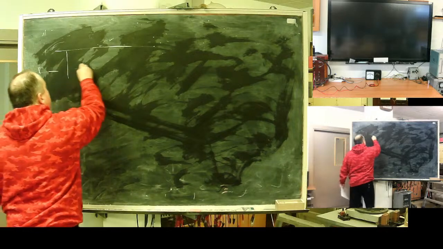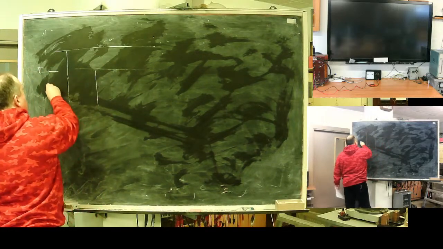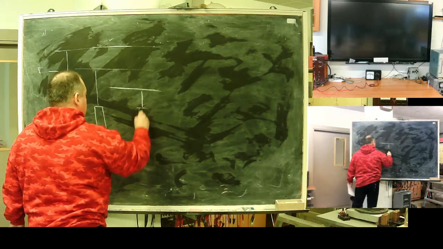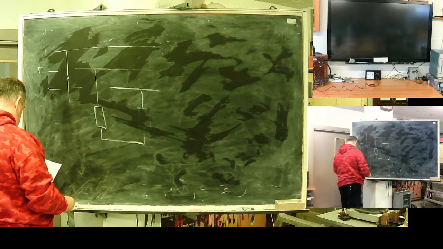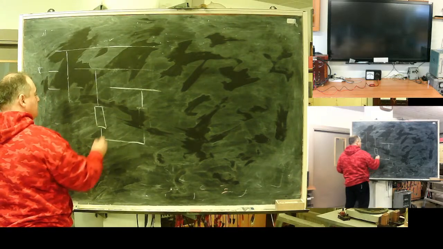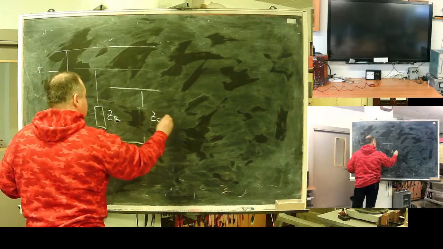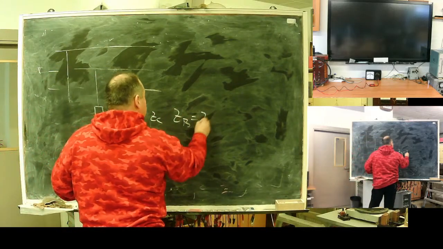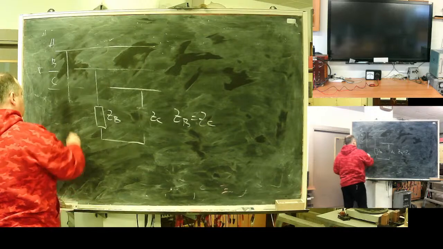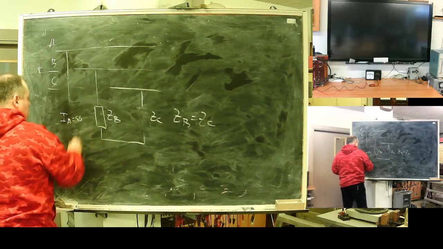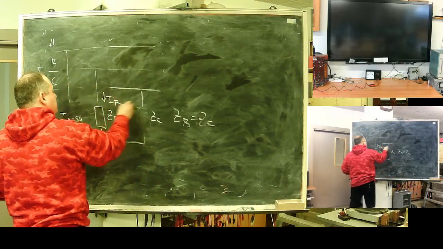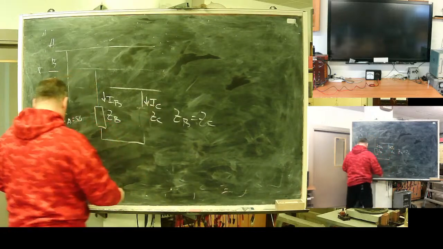I need symmetry. B phase, C phase, but they should be equal. With the A phase current zero, here will flow the B phase current, and here I'm expecting the C phase current.